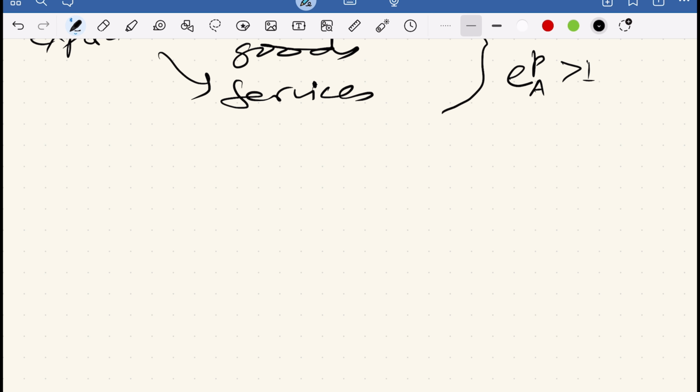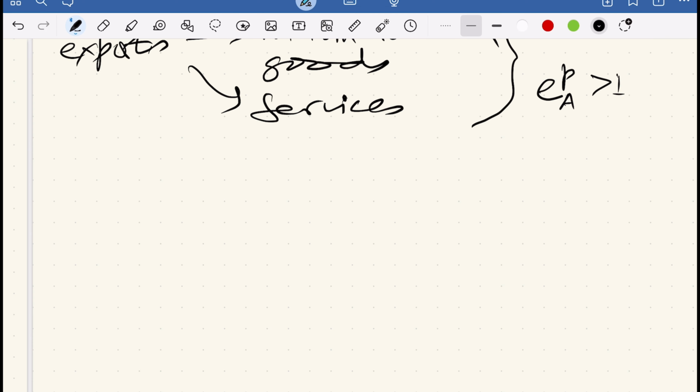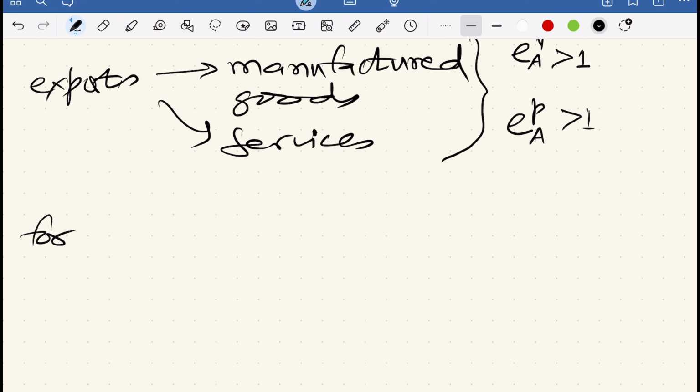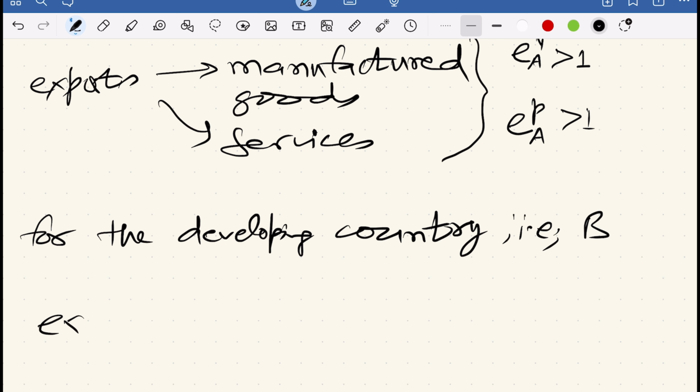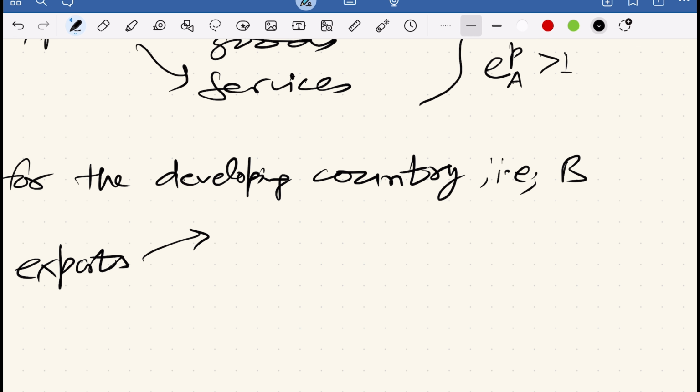Okay, now on the other hand, for the developing country, that is the country B, its exports will be majorly of primary produce.